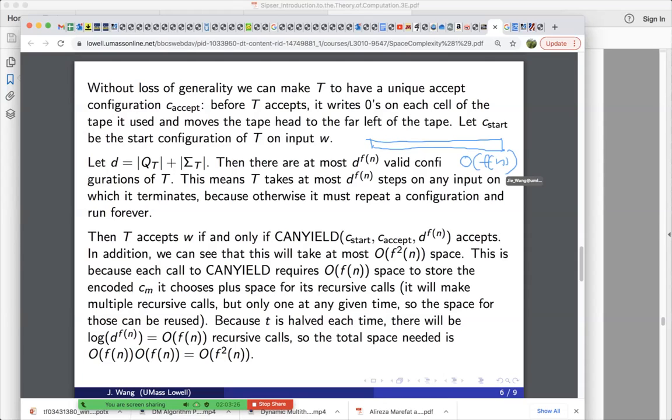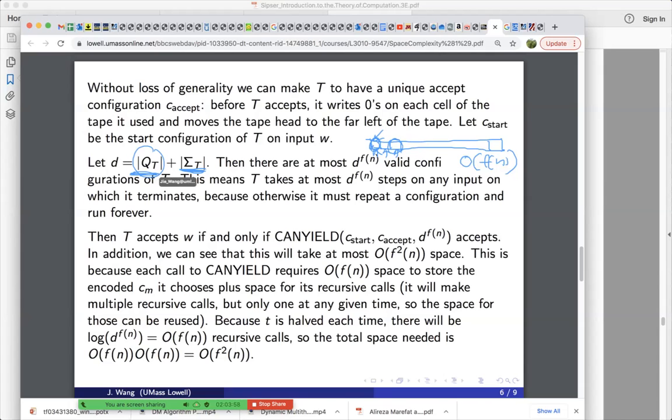For each of these cells, you can put any of these symbols, and of course the state could be here, here, or here. So I could have at most, because each of these locations could be a symbol plus a state, and you have this many possible states.